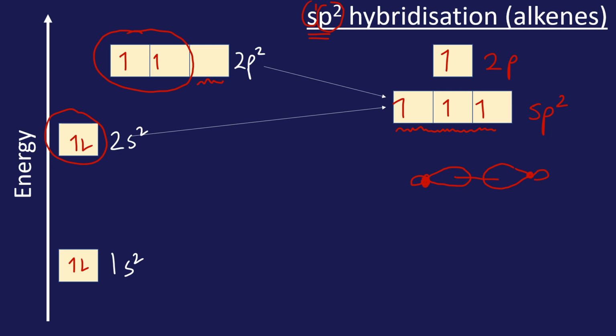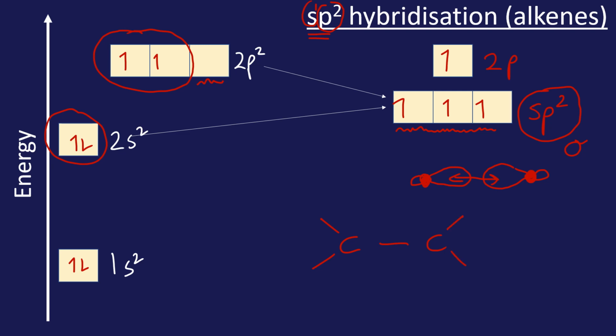They can overlap directly between the 2 nuclei to form a sigma bond. So these sp2 hybridized will form sigma bonds. But what ends up happening is, so let me draw a carbon now with 1, 2, 3, 1, 2, 3.